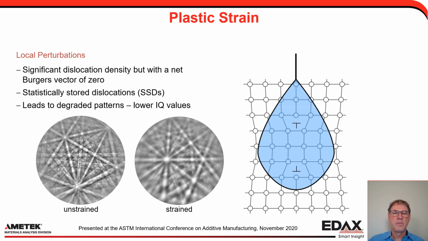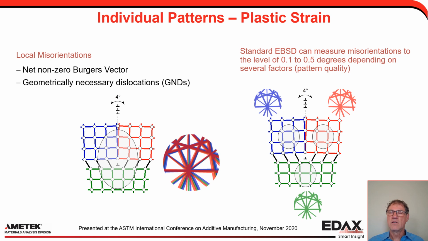And so the effect will be that we will have a more diffuse pattern, but we won't see a change in orientation. So we can see it in terms of the IQ values, but we can't see it in terms of misorientations. And the IQ values tend to be difficult to quantify in a useful way, and we like to focus on misorientations.